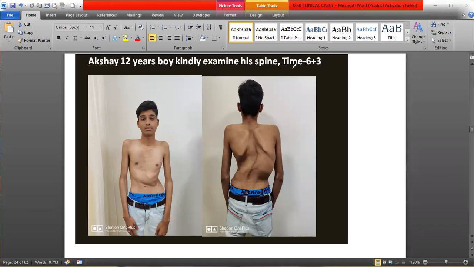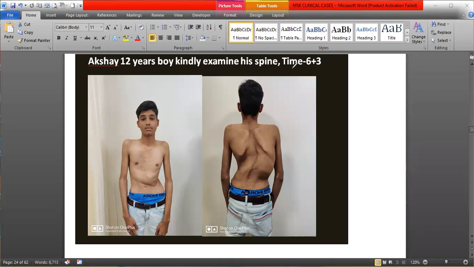What are the complications this child may have in future if left untreated? If left untreated, most commonly he may have cardiovascular involvement because of pulmonary hypertension, and restrictive lung disease may be progressive, and he may have severe restriction of his mobility, and his lower limb neurological function may also deteriorate later.